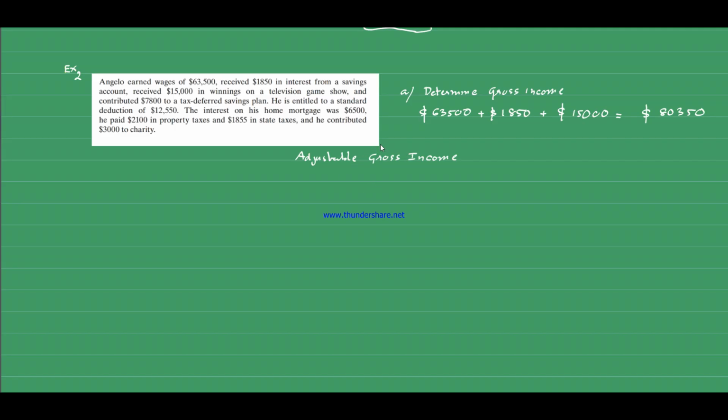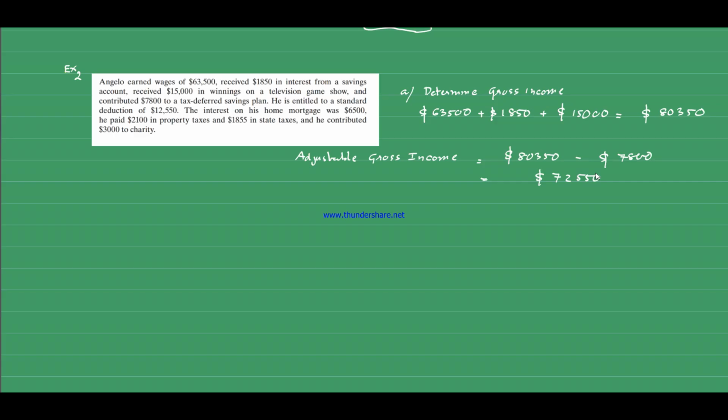Gross income and adjusted gross income. So the adjusted gross income would be the income minus the adjustments, which is right here, 7,800, and this gives you 72,550.